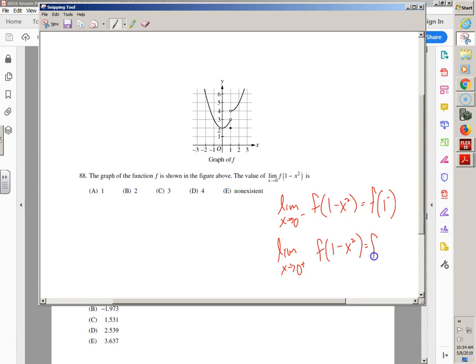Yeah. And then, if I'm coming from this side, okay, 0.1 above, 0.1 squared, wait, it's still positive, and 1 minus 0.1 squared is still a little bit below. So I'm not just coming towards 1, where 0 plugged in is f of 1, I'm coming towards 1 from one direction only.